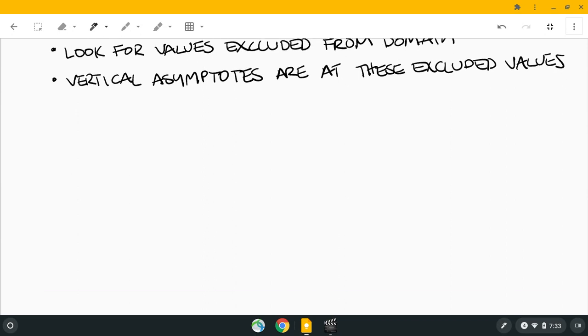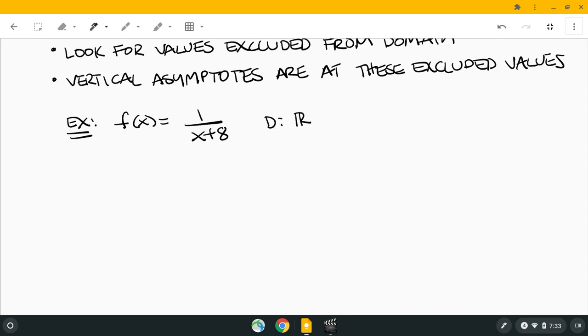So here, let's take a look. Suppose that I have this here. So our domain, I'm not going to use interval notation here because I just need to know which values are being excluded. The only excluded value is -8. So let me write it out.